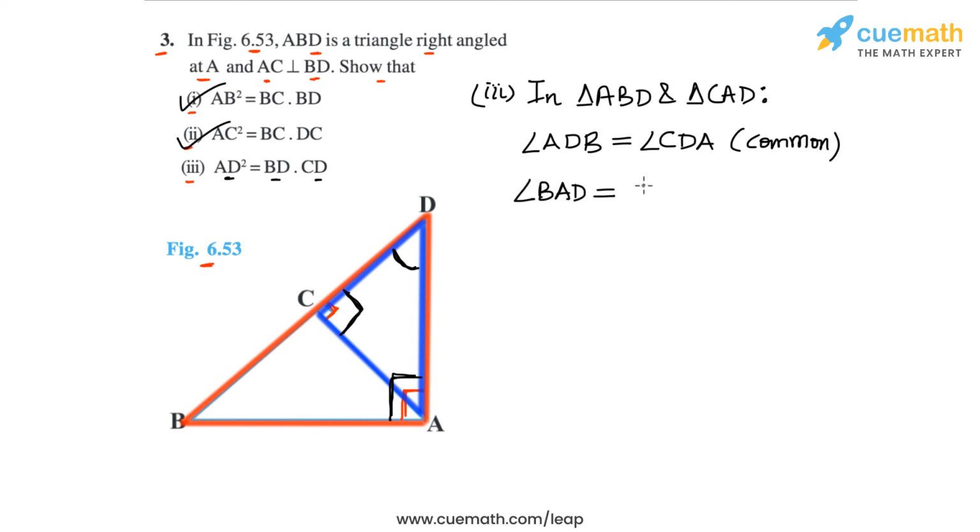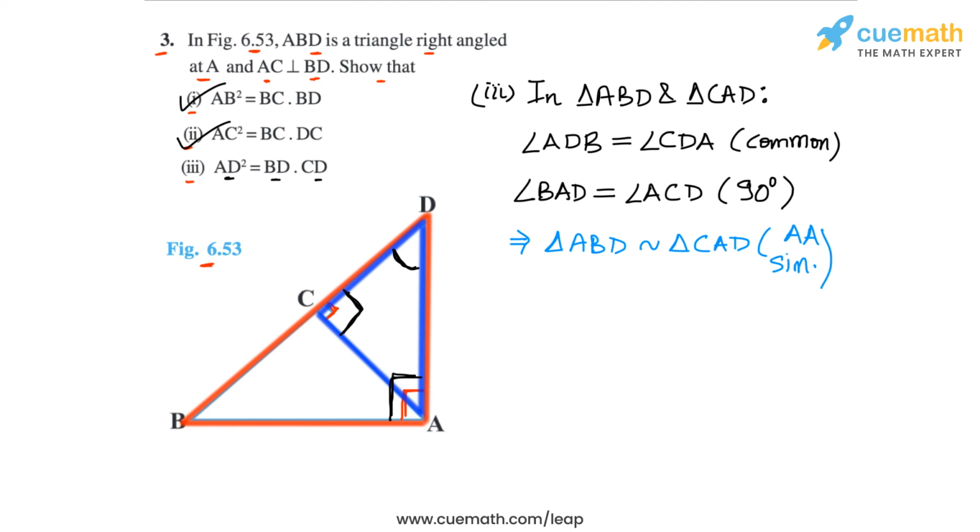It is equal to angle ACD in the second triangle because both angles are 90 degrees. So this means that the two triangles are similar by AA similarity. So triangle ABD is similar to triangle CAD by the AA similarity criterion.